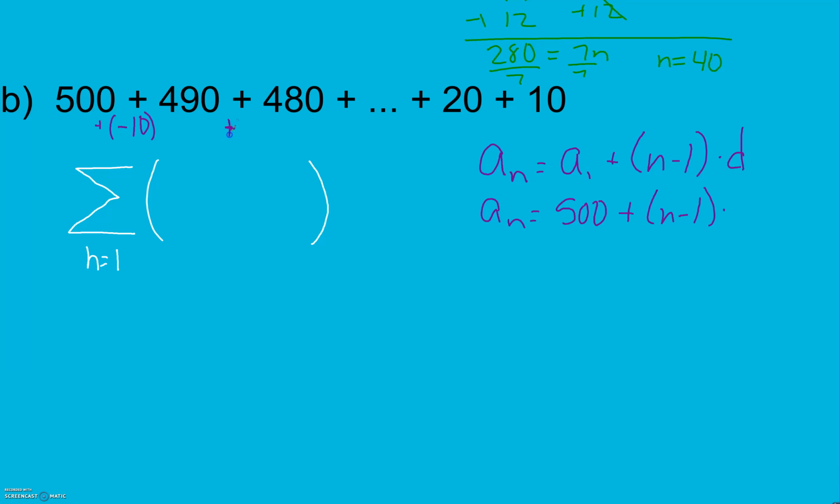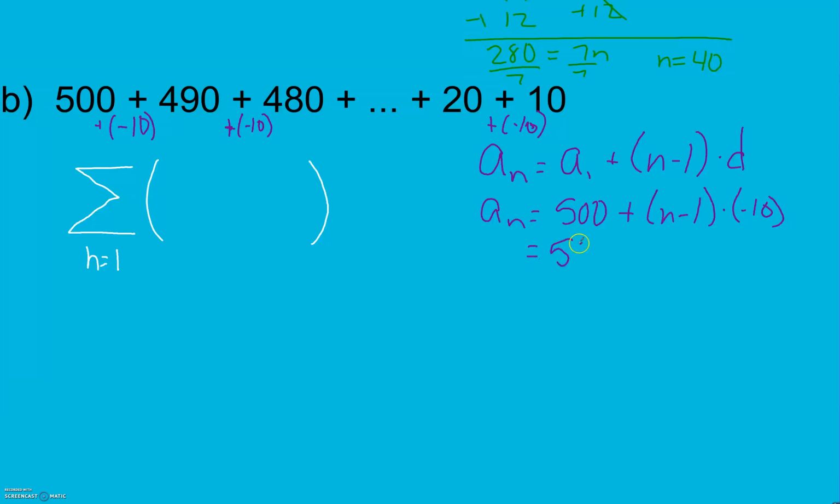Again, we're going to add negative 10. We add negative 10. And I only say it that way, guys, because our common difference is the number that we add. Okay, it's not an add or subtract. Just like our common ratio, we always multiplied. Same thing here, we always add. So we're going to add a negative 10, which essentially just means subtract 10. But to multiply, we're going to multiply by the negative 10. Means the same thing, it's just a little bit of a notation issue.